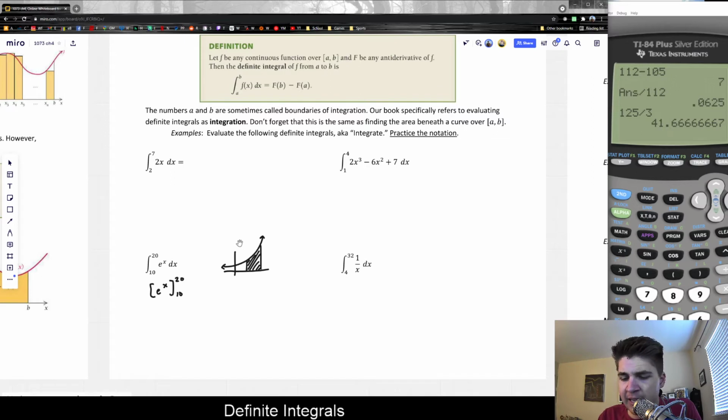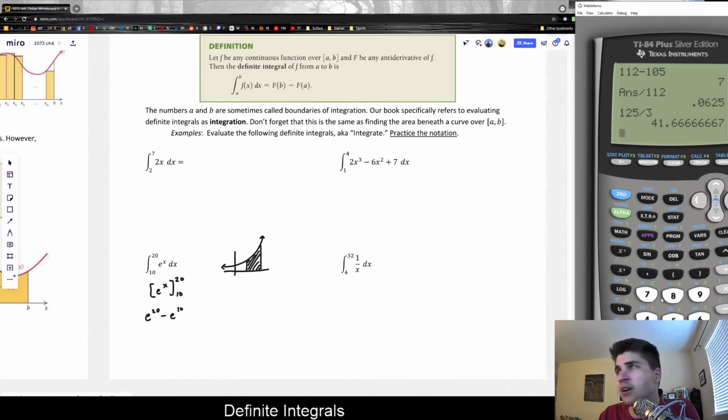Anyway, so if we plug into here, we would have e to the 20th minus e to the 10th. Because that's exactly what this means. Plug it in, subtract, plug it in. And we could factor out e to the 10th here. Remember that this won't make e to the 10th because these are exponentials, you can't combine them in such a way.